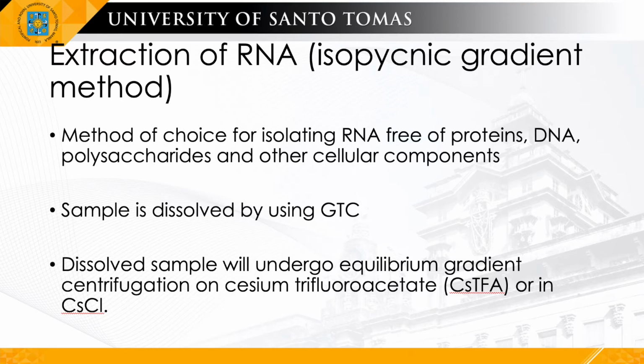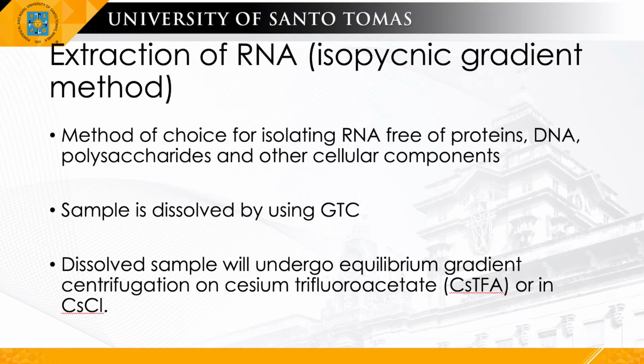So there's another extraction of RNA, which is the isopycnic gradient method, and this method is the method of choice for isolating RNA free of proteins, DNA, polysaccharides, and other cellular components. Sample is dissolved using GTC.